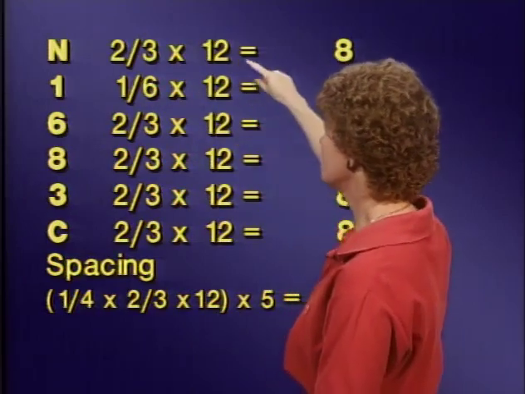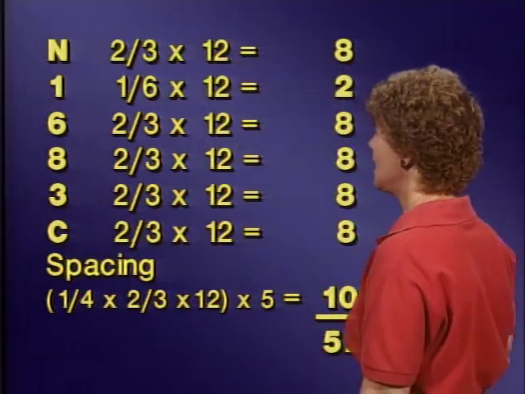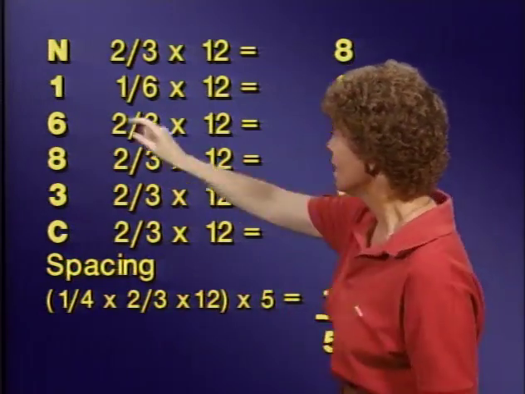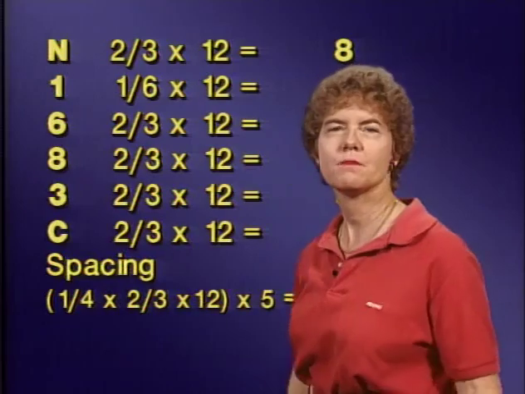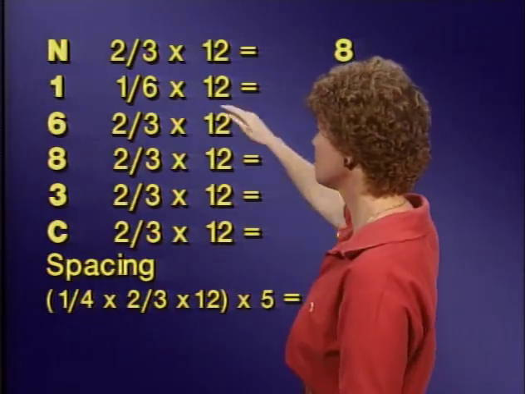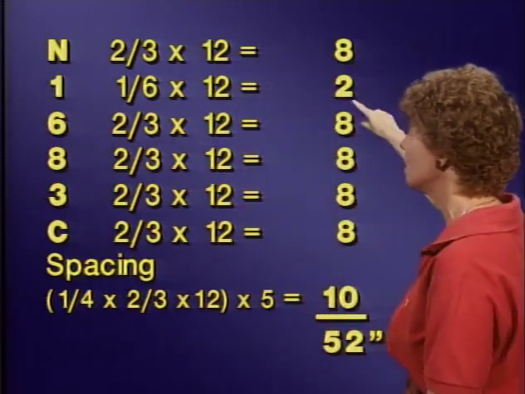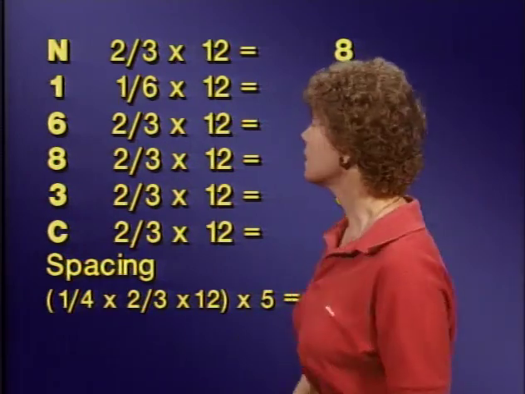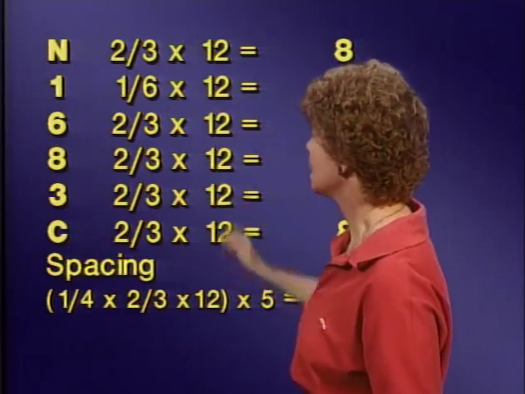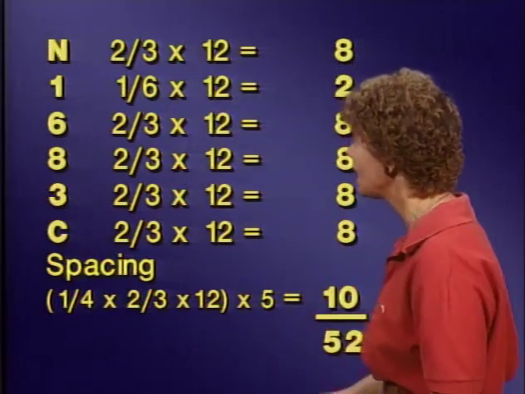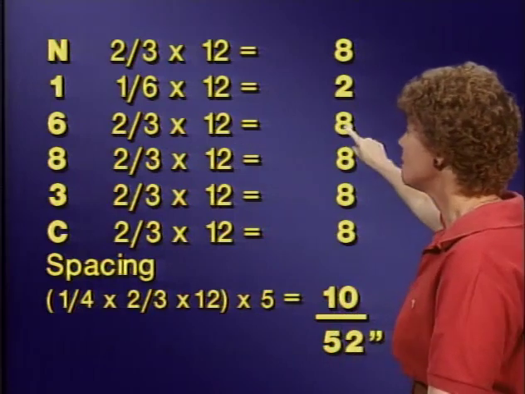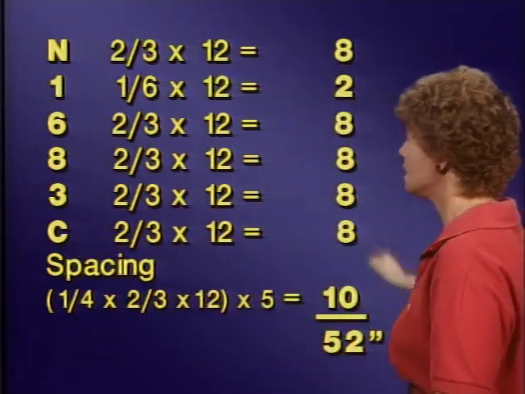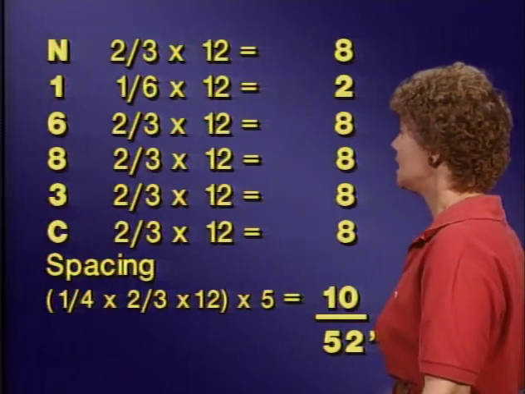So 2/3 of 12 is 8. The N will take 8 inches. We'll work the characters first, and then we'll come back to the spacing. They said that the 1 has to be 1/6 of the height. We're going for 12-inch letters. 1/6 of 12 is 2 inches for the width of the 1. The other characters, like the N, have to be 2/3 of the height, and so 2/3 of 12 is 8 inches. The 6, 8, 3, and the letter C are all going to be 8 inches.